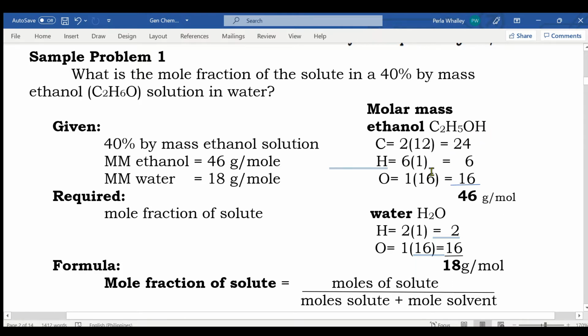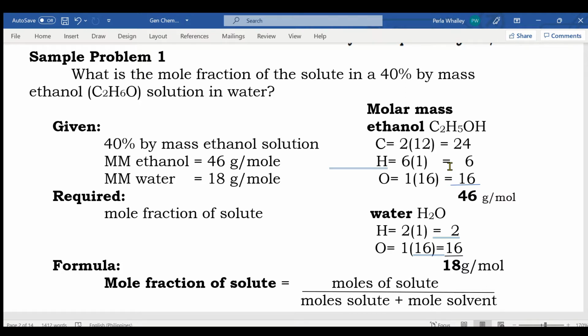And then from your periodic table, get the atomic mass of carbon, that is 12 or 12.01. But here we'll just round it off. Later in college, if your teacher wants to have it expressed in decimal points, then do so.